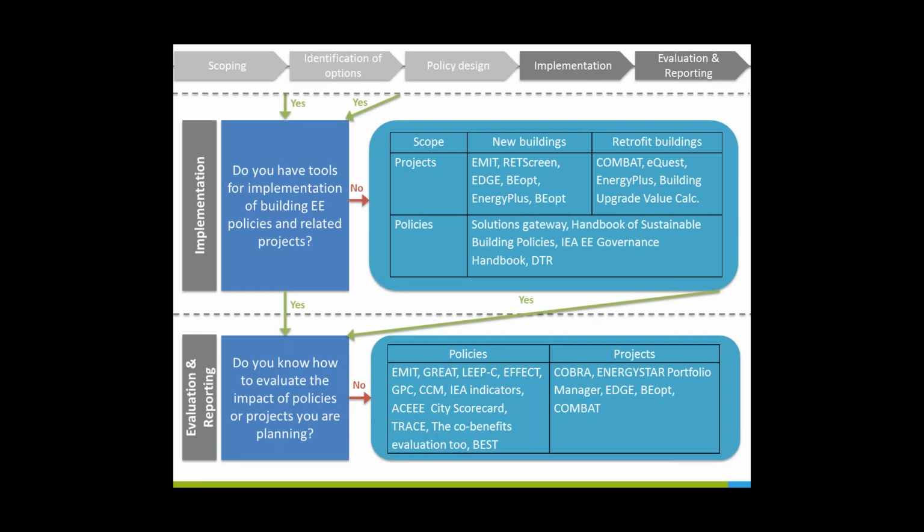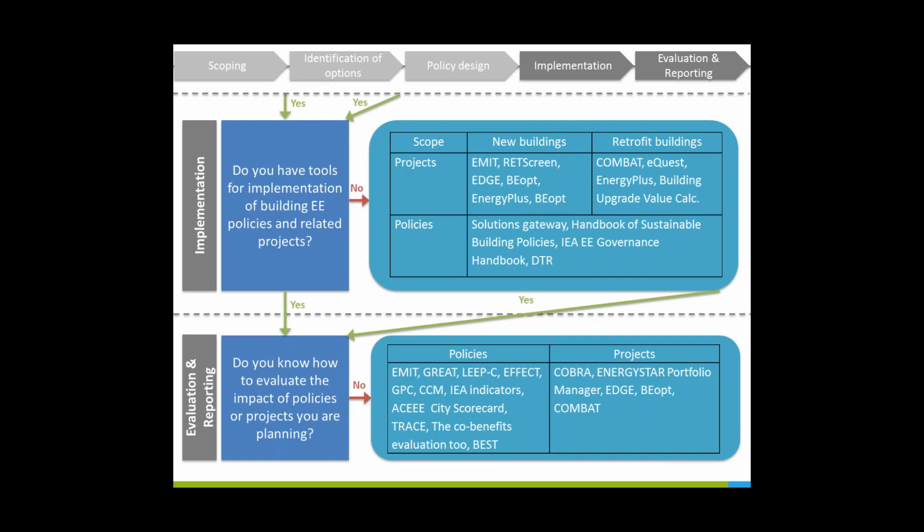As you can see, some of the tools which we took into account can be implemented at several stages of this cycle. So for example, for policies, such a tool as LEAP-S can help to analyze the impact of a number of different policy types for existing public and residential buildings.